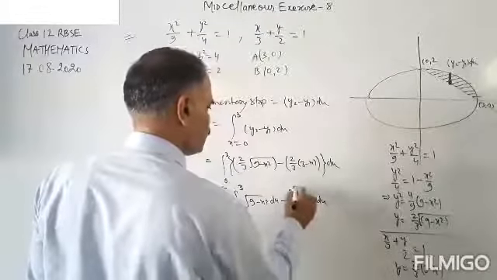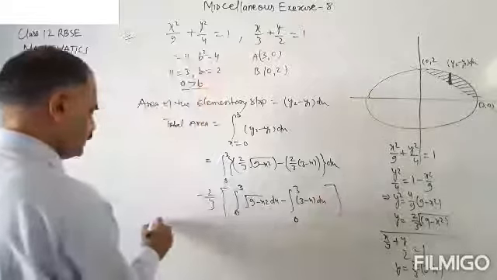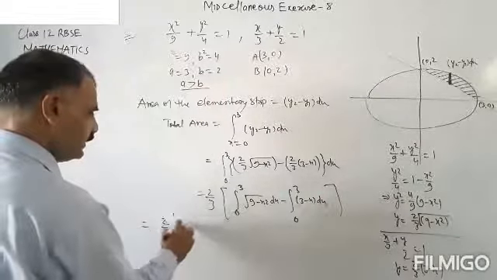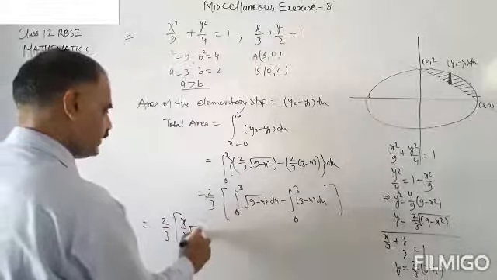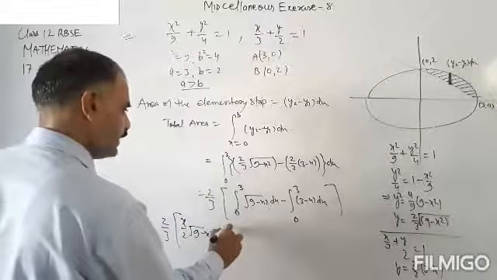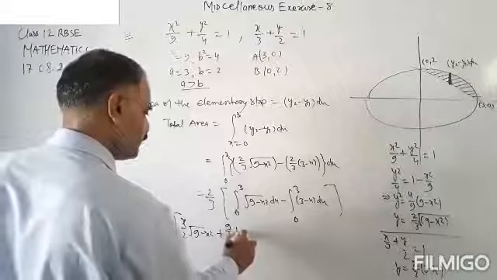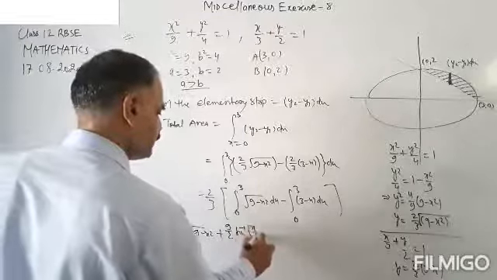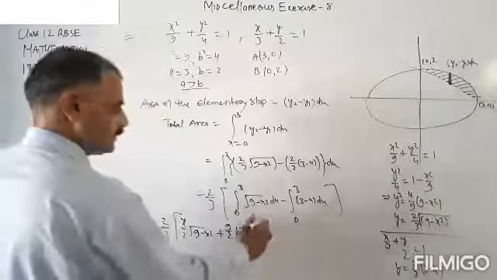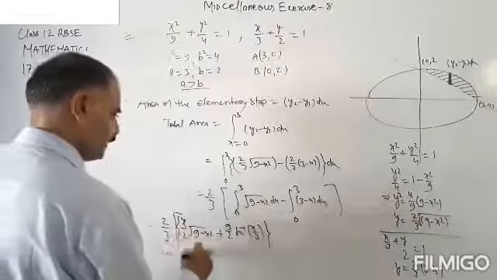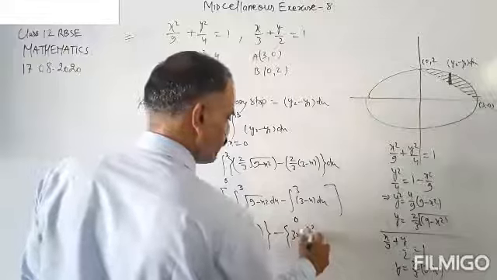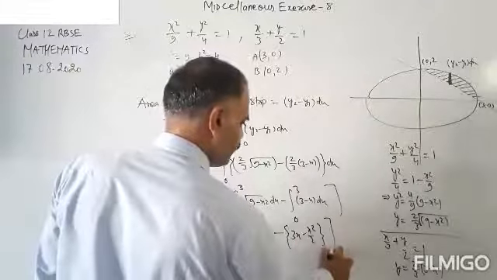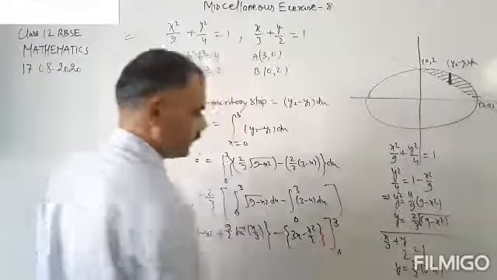This is equal to 2 by 3 times [x by 2 under root 9 minus x square plus a square by 2 sine inverse x by 3, which is the integration of this, minus 3x minus x square by 2, which is the integration of this], with limits varying from 0 to 3.